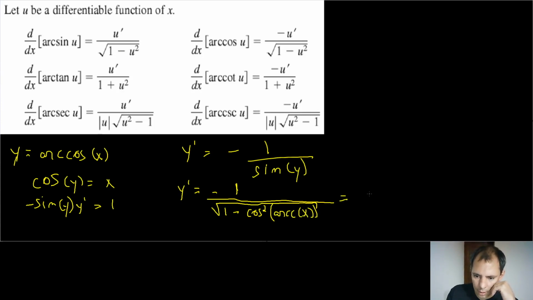So this is going to be equal to minus 1 divided by the square root of 1 minus x squared, because it's the cosine squared of the arc cosine. I forgot the square. So you can see in here it's a positive, in here it's a negative, in here it's a positive, in here it's a negative.